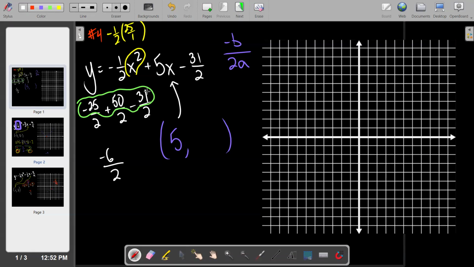And then you realize, thank you, Mr. 31 over 2, for bringing me back down to the ground here. It makes it a nice negative whole number. Okay. Isn't that pleasant? Yep. And then we know our vertex. So we're going to go to the right 1, 2, 3, 4, 5, and down 1, 2, 3.